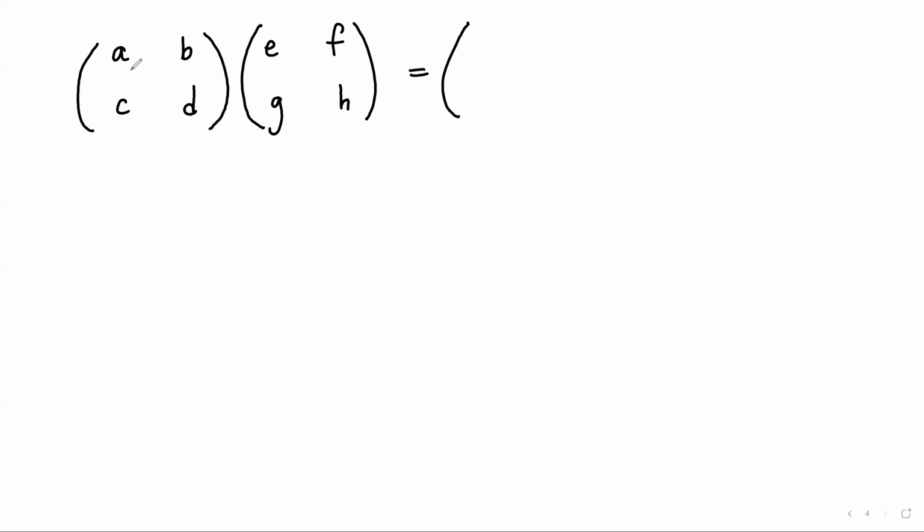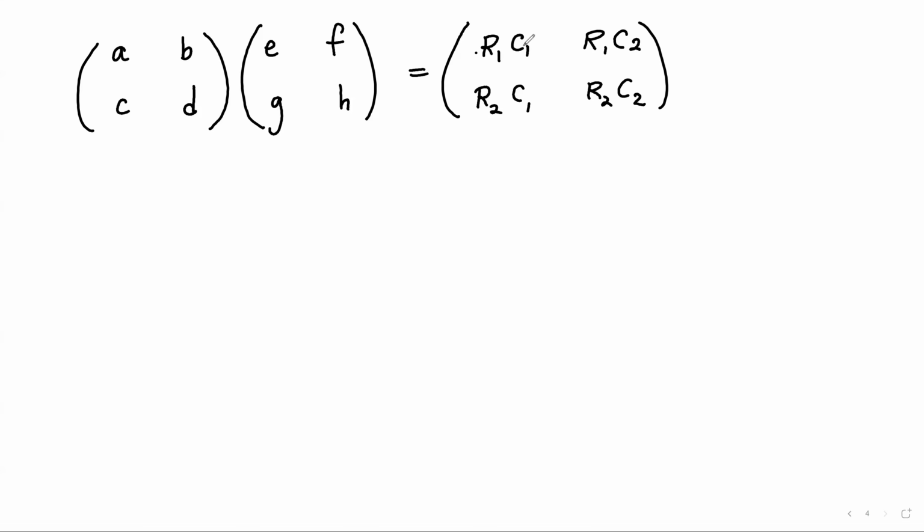I take row 1 and multiply it by column 1, because this position that I'm trying to find would be your row 1, column 1 position. This is your row 1, column 2 position. This is your row 2, column 1 position. And this is your row 2, column 2 position.